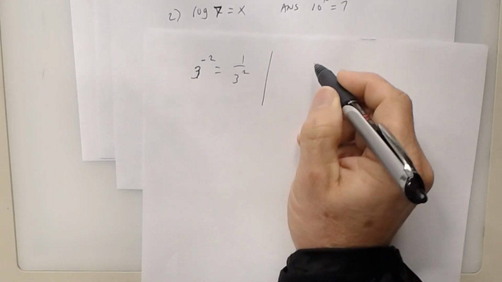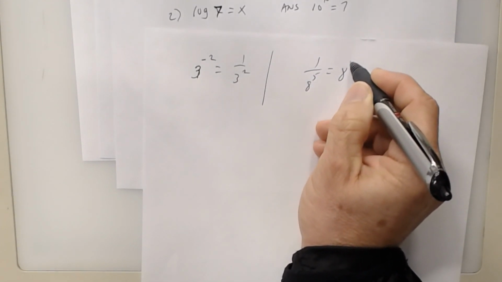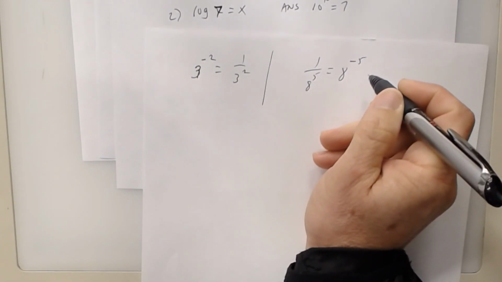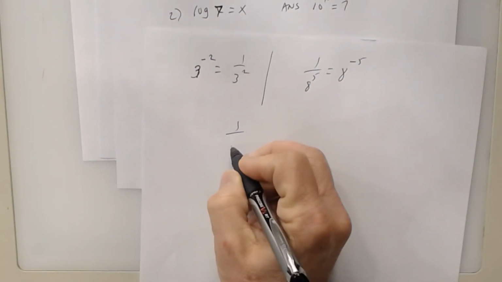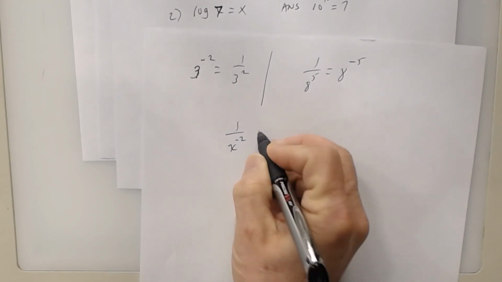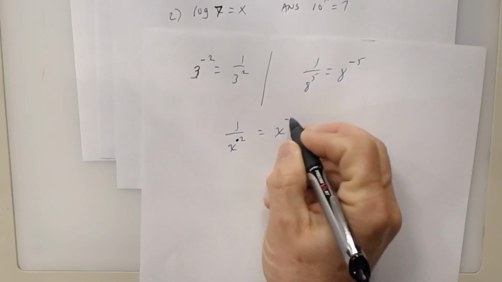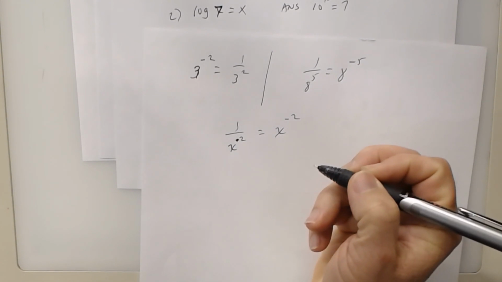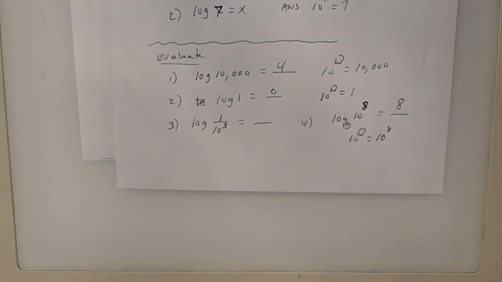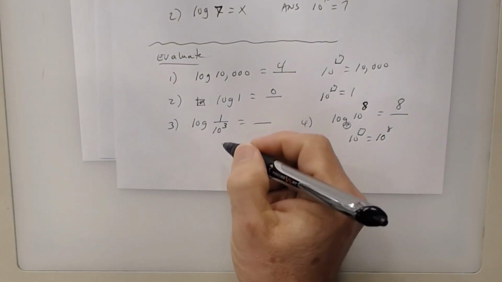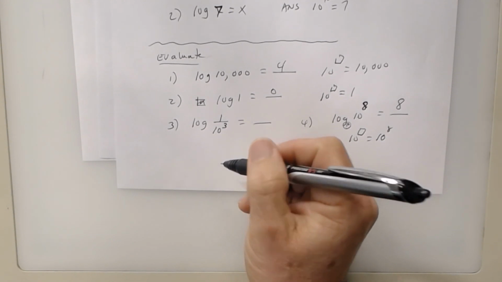Do you understand that 1 over 8 to the 5th power is 8 to what power? Negative 5th. Do you understand that 1 over x to the second power is x to the negative second power? So therefore, what is 1 over 10 to the third the same as? 10 to the negative third.